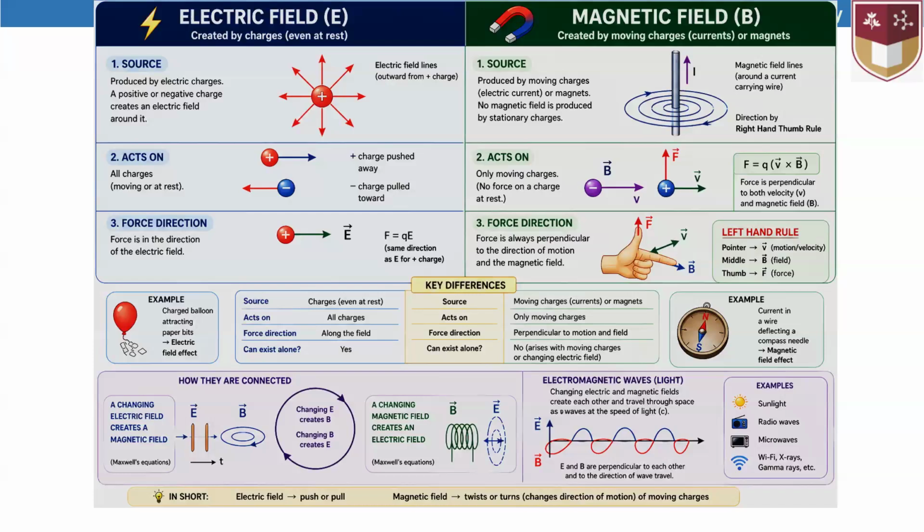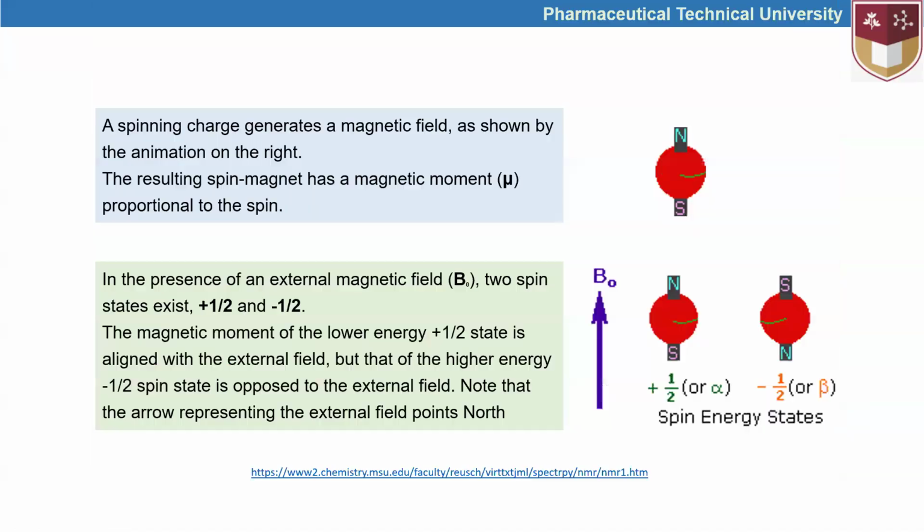Based on that resonance, we can identify the protons or carbon-13 isotopes that belong to different functional groups. Okay, spin is the important point that we have to understand.